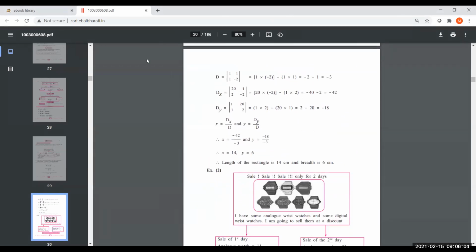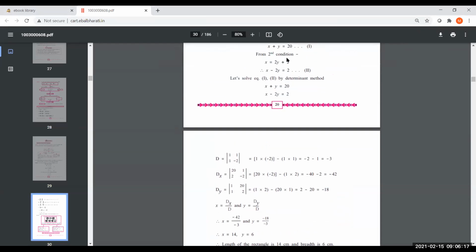So what we have done for solving the determinant: you know very well, whatever the two equations are given to us, from those two equations we write the value of D. While writing D, in the first row we write the coefficients of x and y from the first equation.